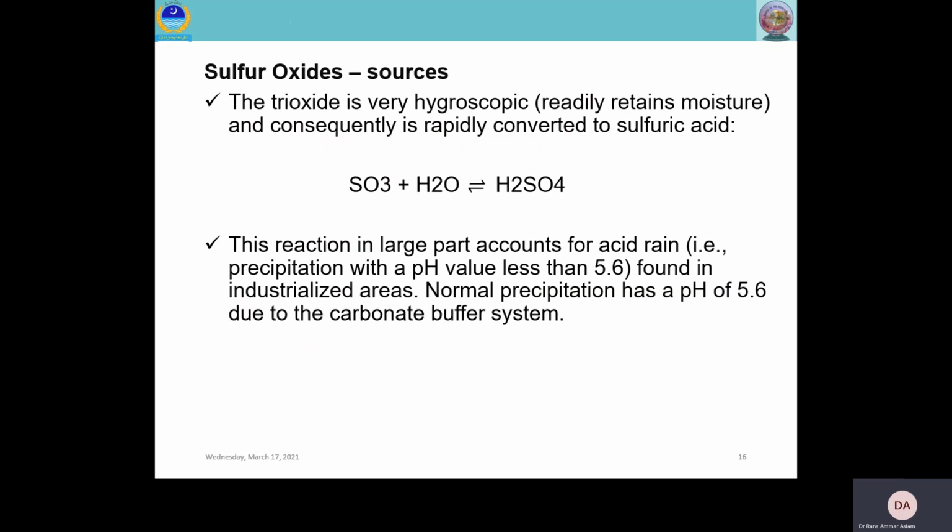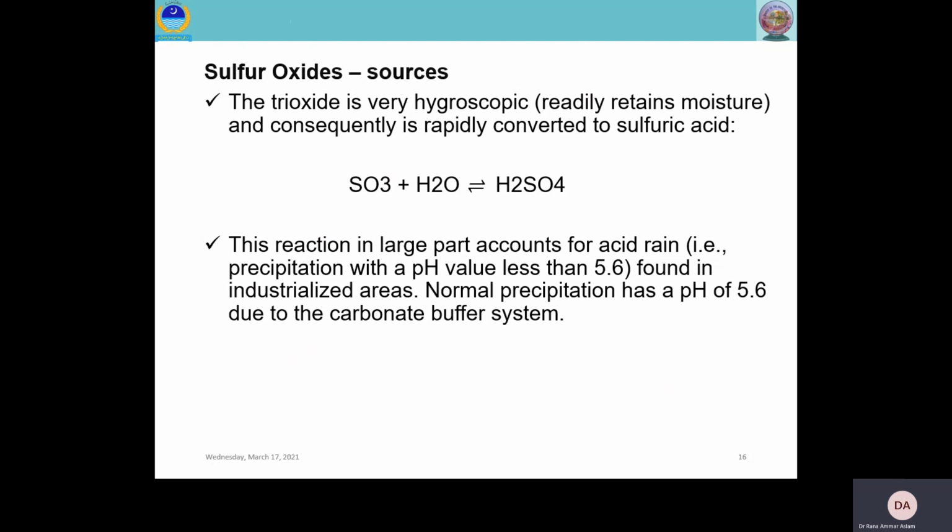This sulfur trioxide is hygroscopic, so it can readily absorb moisture, and when it absorbs moisture, sulfuric acid is formed, right? And this reaction is actually one of the major sources of acid rain, right?